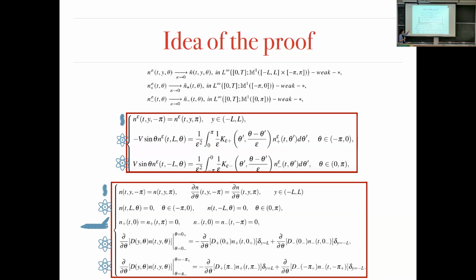So the domain of definition for your n plus would be between 0 and pi for the theta variable, and each time this n plus would change its movement direction a little bit when it switches to those cells inside the domain.